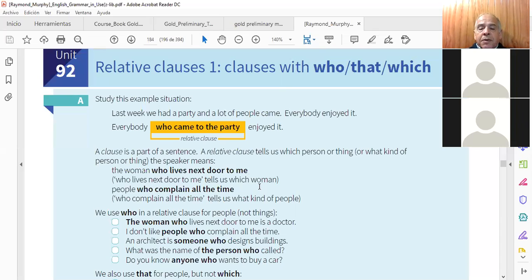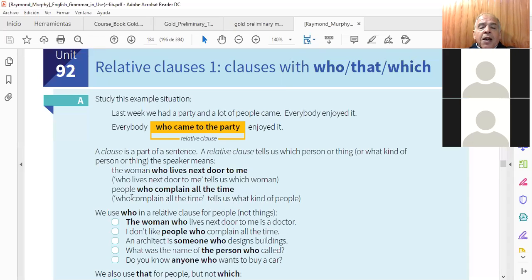People who complain all the time. Who complain all the time tells us what kind of people. For example, you can say people were shouting against the authority, but we don't know what kind of people.